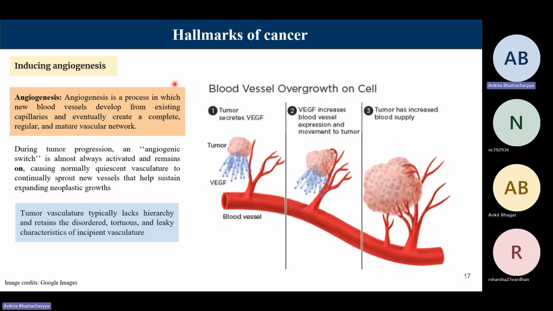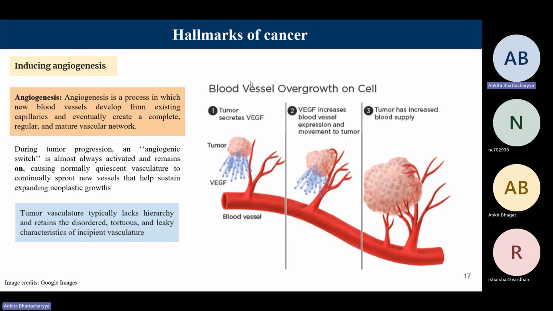Then we discussed very briefly about angiogenesis. So angiogenesis is the process by which new blood vessels develop from existing capillaries, which all together create a complete, regular, and very mature vascular network.